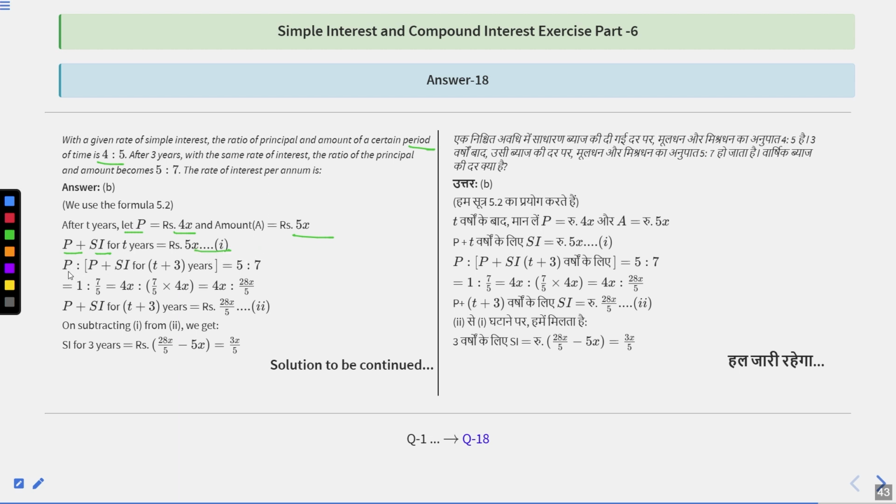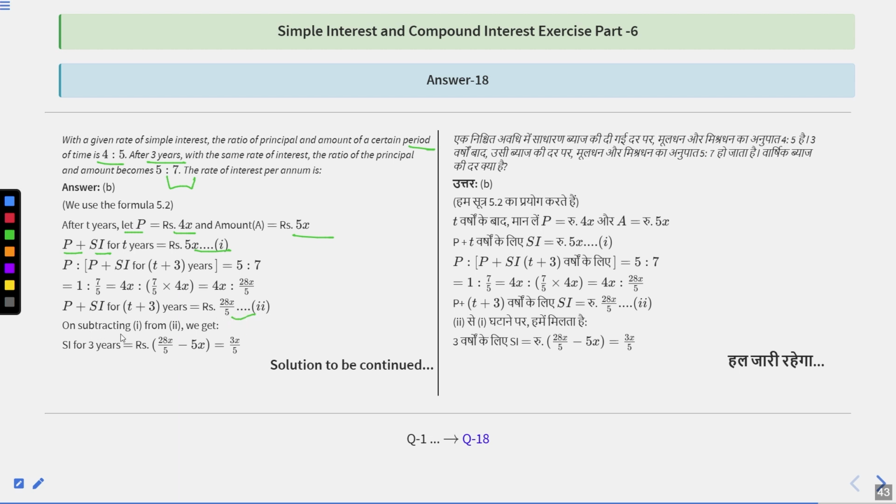Now the second condition: P ratio P plus SI for t plus 3 years. Because after 3 years, with the same rate of interest, the ratio of the principal and amount becomes 5:7. Clear? So when we calculate it, we get P plus simple interest is 28x upon 5.